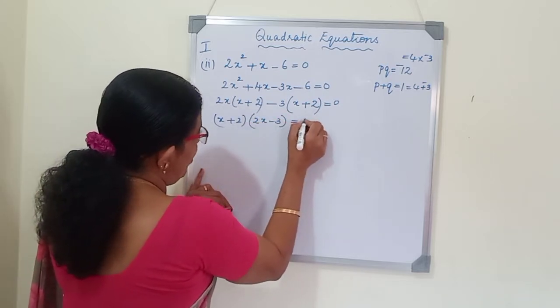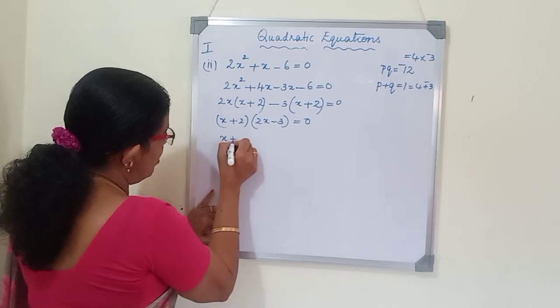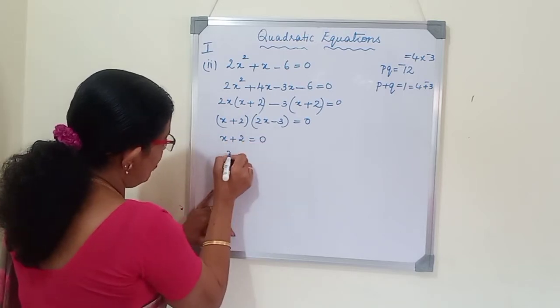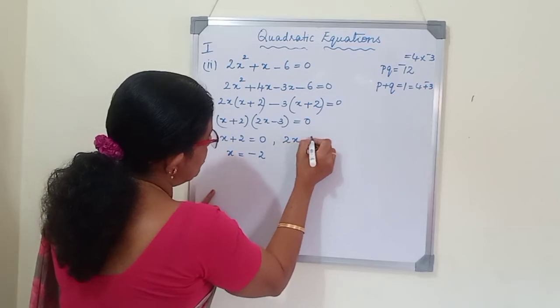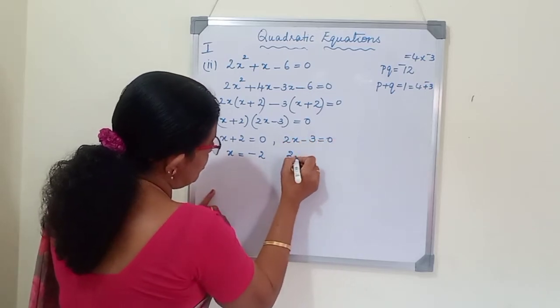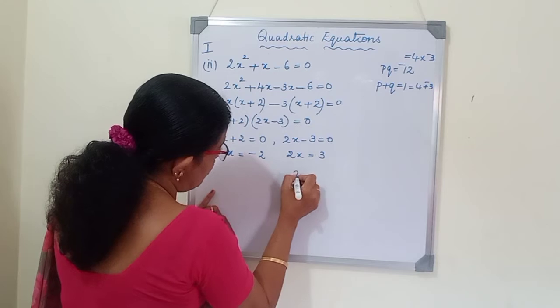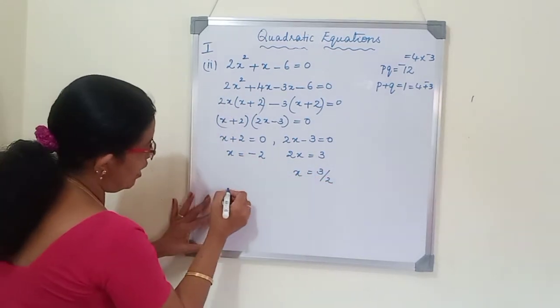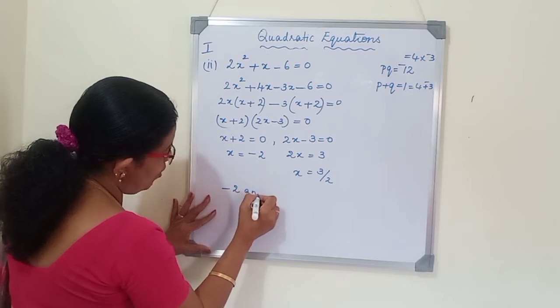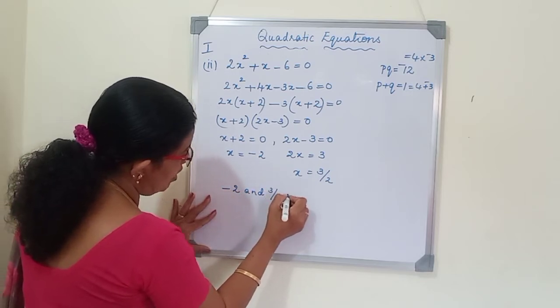So we got two factors. Each factor we will equate to 0. We will get x is equal to minus 2. And here 2x minus 3 equals 0, 2x equals 3, x equals 3 by 2. Therefore, the roots of the quadratic equation are minus 2 and 3 by 2.